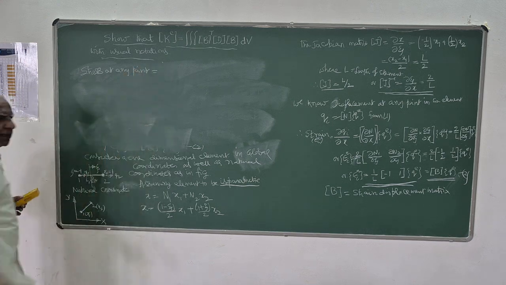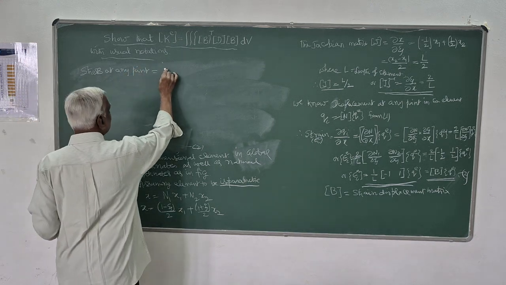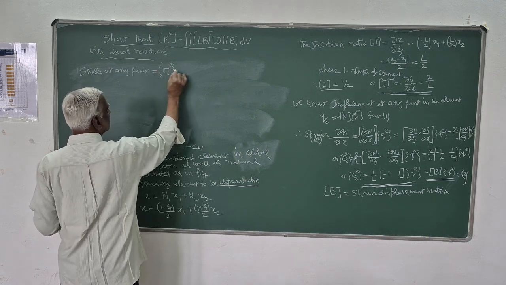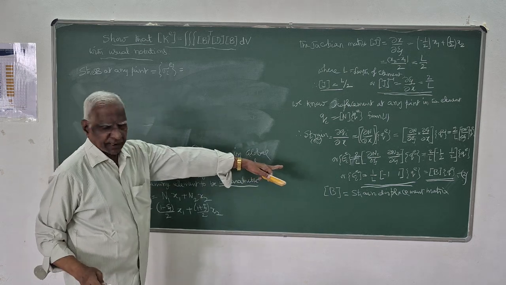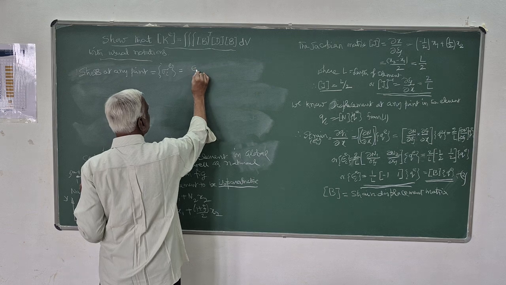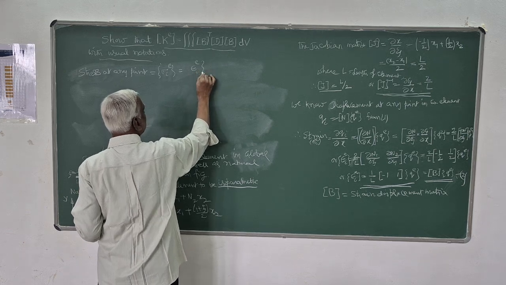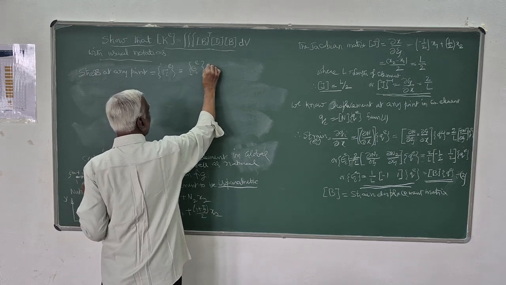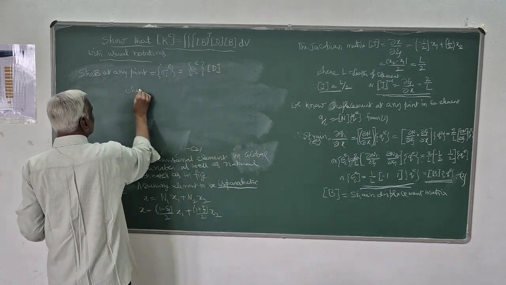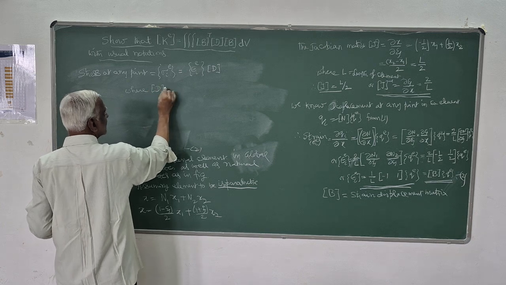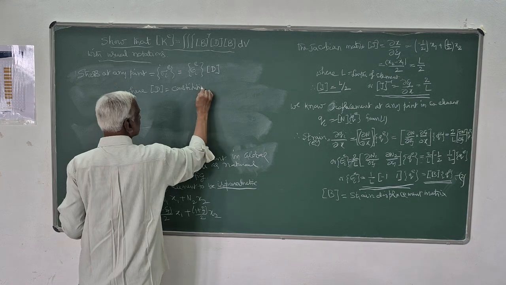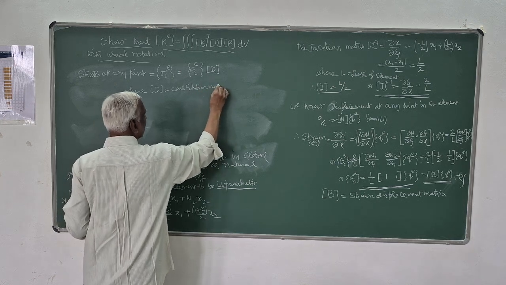Stress at any point in the element, sigma I, once you know the strain at any point, is strain multiplied by D, where D is the constitutive matrix.